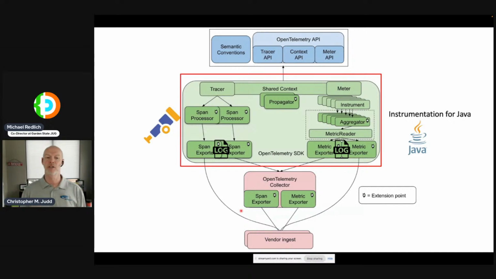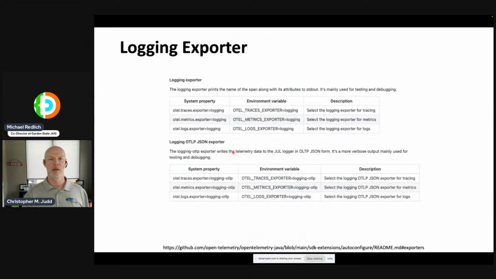And so it is using the Java SDK for OpenTelemetry. And just like we said before, there are these exporters. We are going to start with the easiest exporter provided, which is the log exporter. You can look at the documentation there. They have the log exporter, which is just going to write to system out. We can set some system properties to tell it to use those.